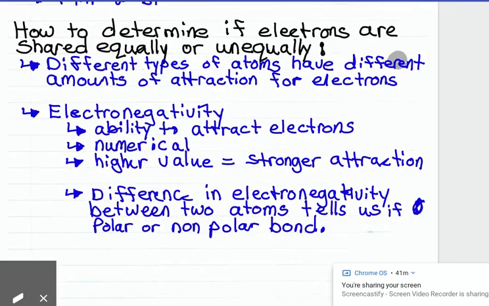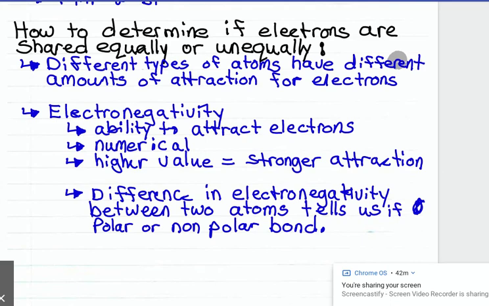If we want to figure out if electrons are shared equally or unequally, I'm going to backtrack. Different types of atoms have different amounts of attraction for electrons, and there are a lot of factors that come into play that result in this varying level of attraction.